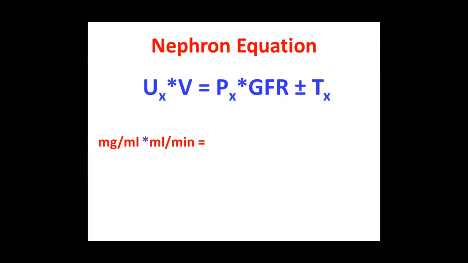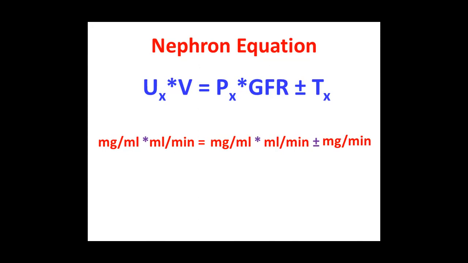And this is equal to P_X times GFR. P_X means concentration of X in plasma, again milligram per ml, multiplied by GFR, the volume of filtration per unit time, so this is again ml per minute. Plus or minus T_X means transport of substance per unit time, which is again milligram per minute.